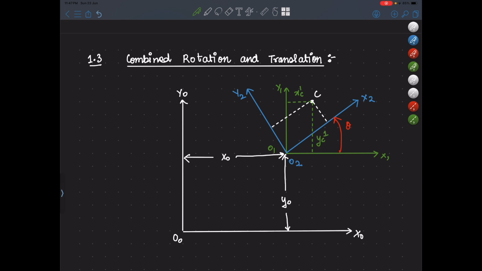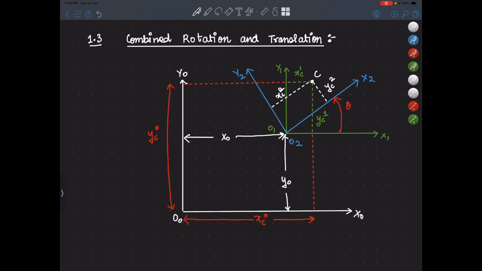And this is yc2, and this is xc2, right?